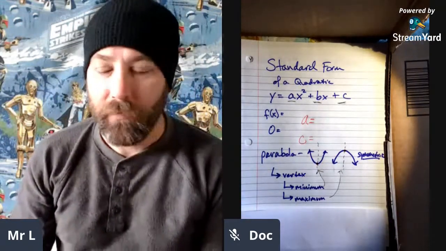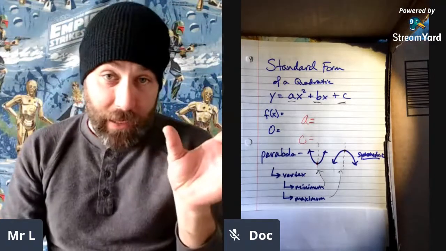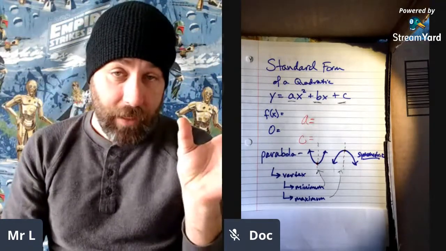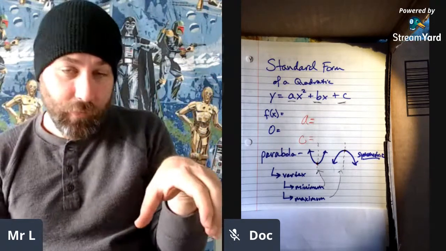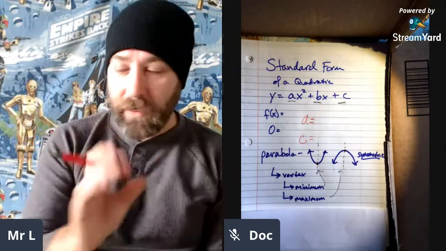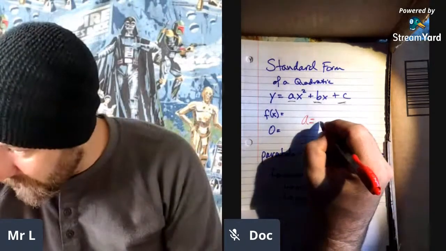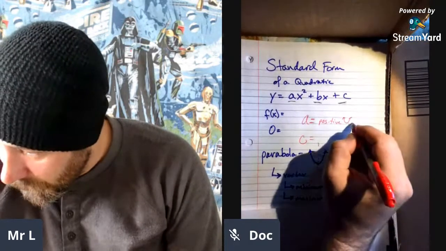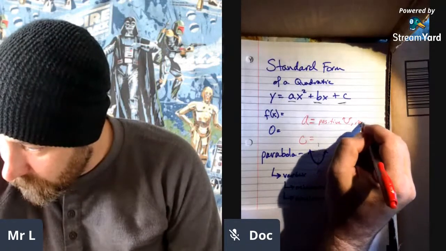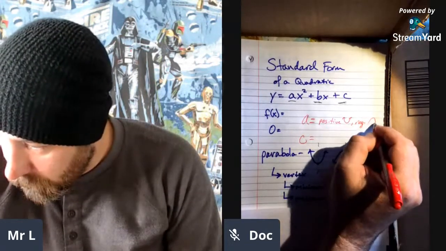Now, the reason why A is important, or it can help us with its graph, is that A tells us if we have an upward facing parabola or a downward facing parabola. For an upward facing parabola, A is positive. If A is negative, then the parabola opens downward.